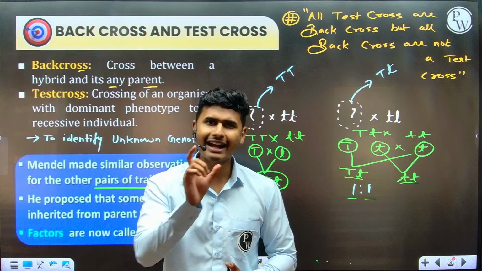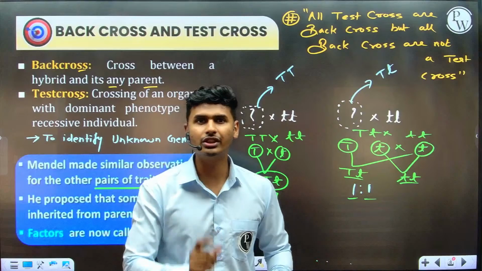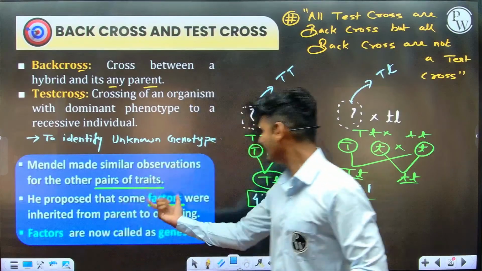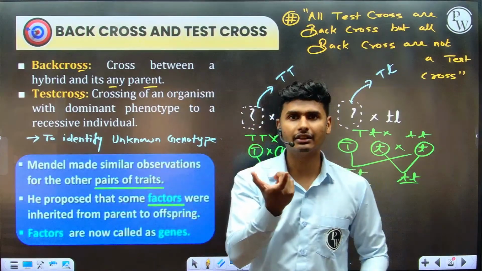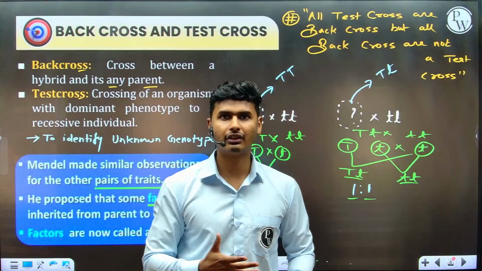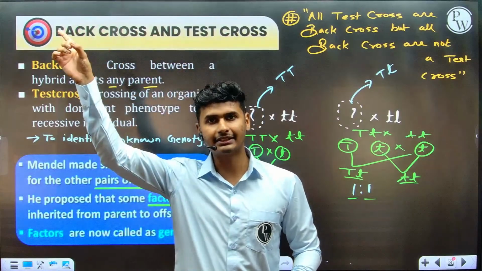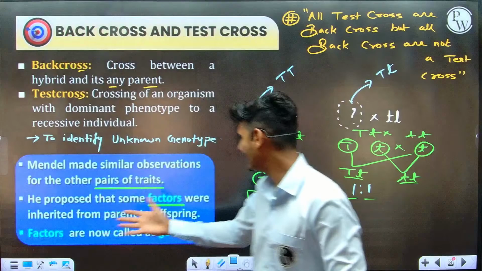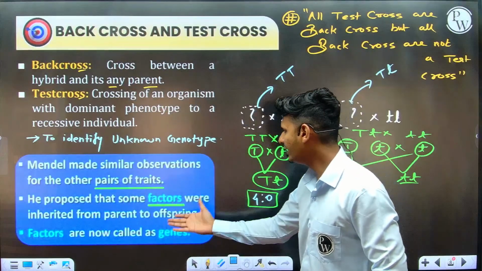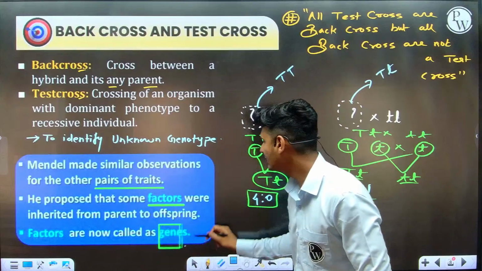So he identified the gene, but he didn't know the term gene. So he gave the term factor for gene. Today we know a segment of DNA is a gene, but at that time, in 1856, Mendel didn't know about the gene, so he gave the term factor. Factors are now called genes.